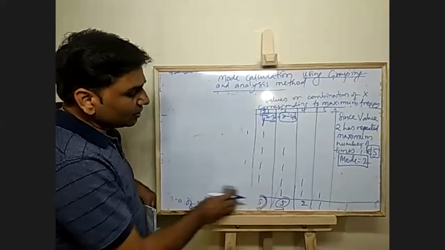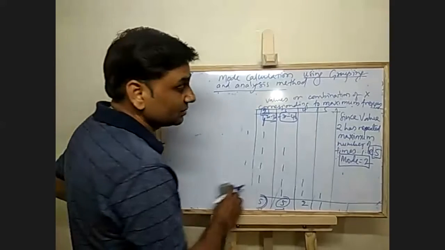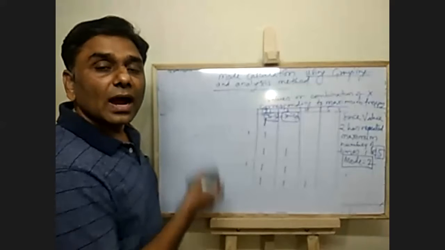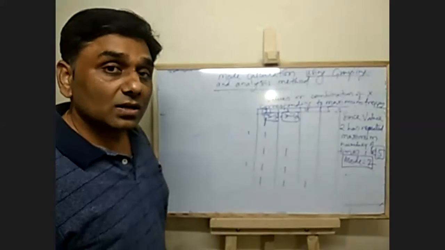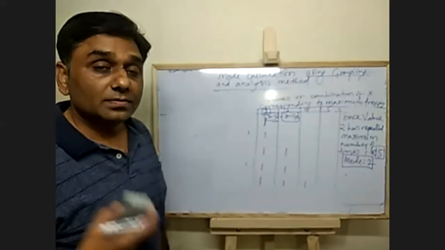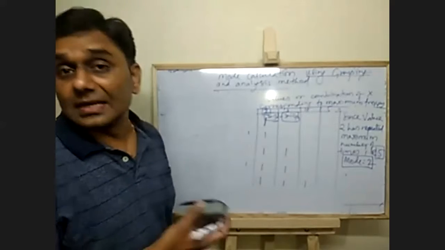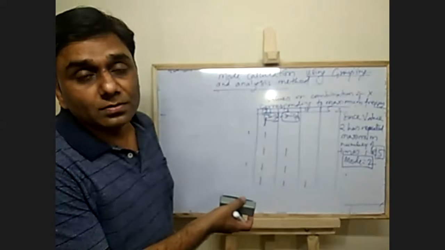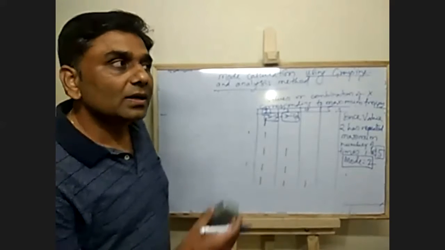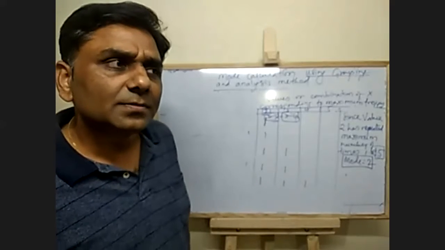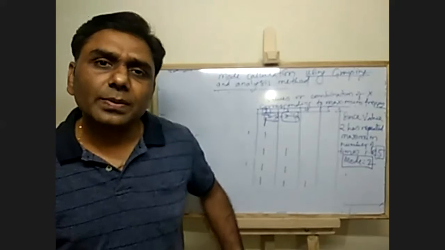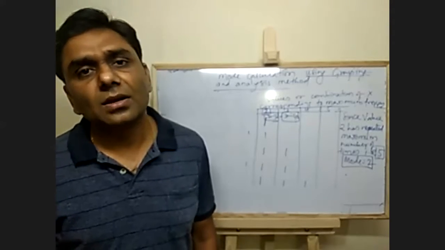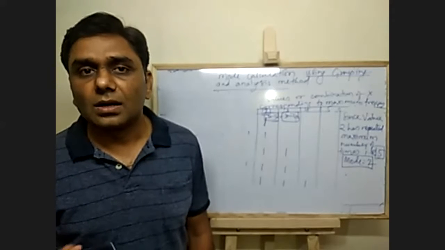So depending on your analysis and observation, if it is discrete data, and if it is an irregular distribution, you can go for the grouping method. If it is class intervals, I always suggest you people to first calculate mean, median, and then mode. Okay, try to do that.